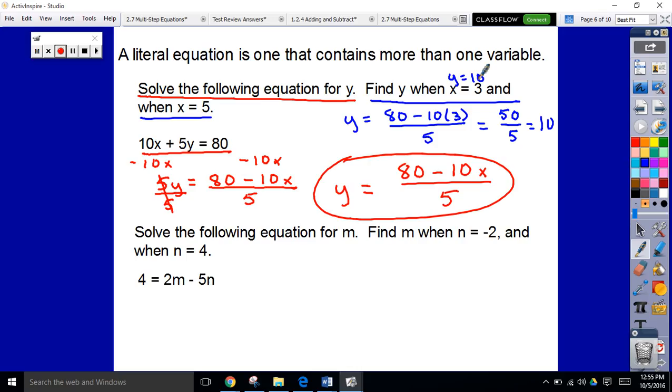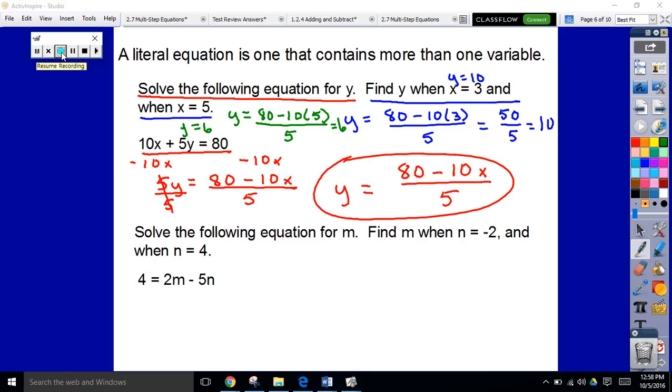Now I'm going to find out what y would be if x was 5. So I'm going to use a different color here. I'll move over here. So y equals 80 minus 10 times 5, and then I'm going to divide by 5. 10 times 5 is 50, 80 minus 50 is 30, and 30 divided by 5 is 6. So all of this equals 6. So when x equals 5, y equals 6.